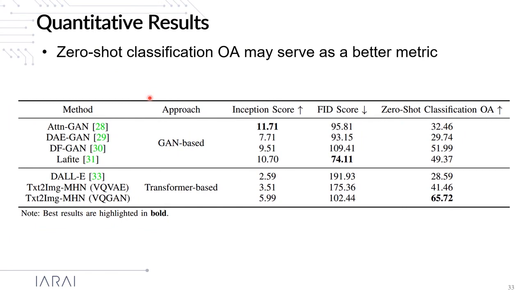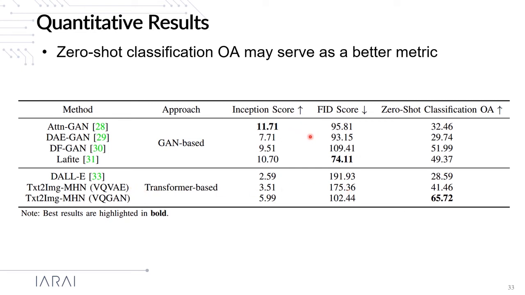Okay, here are the quantitative results of different methods. As we mentioned before, we have the results for inception score, FID score, and zero-shot classification OA. It's actually very interesting to see that all GAN-based methods can achieve much better results on the inception score and FID score compared to the transformer-based method.